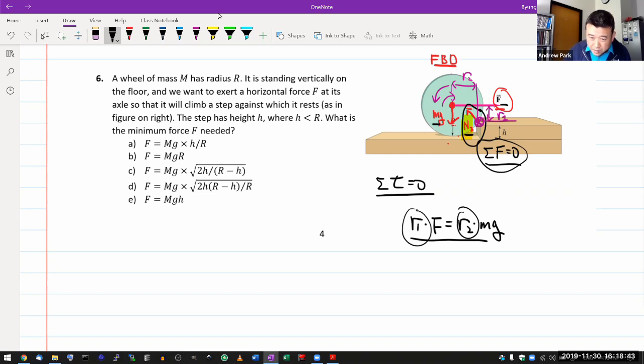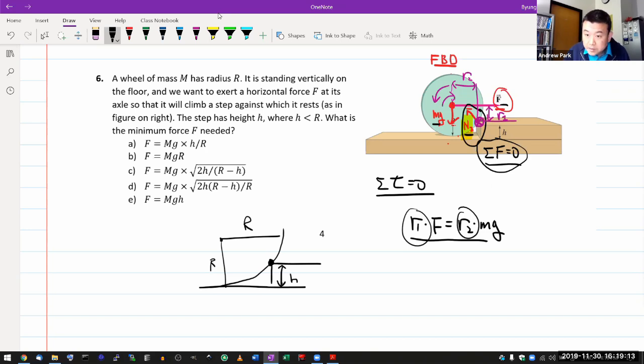So let me draw a nice big figure to try to figure that out. So here's the part of the wheel, and this is my R. Let me draw the radius R in two different places. So here's the step size H, and that's the point of contact.